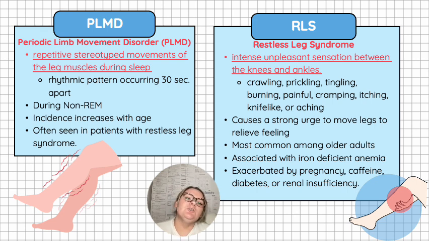So restless leg syndrome is RLS. It's the intense, unpleasant sensation anywhere between the knees and the ankles. It's been described as a crawling sensation, painful, cramping, burning, knife-like, aching, really, really painful adjectives have been used to describe these pains while you're sleeping.